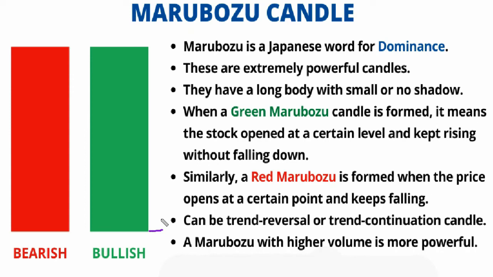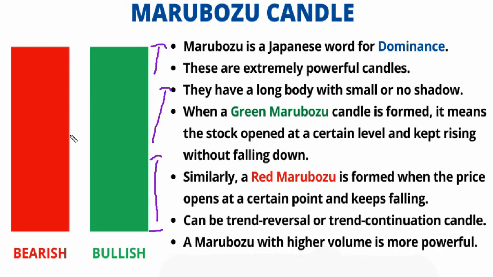They keep pushing the price up and up till the high, and still sellers haven't got any chance to push the price down. So the close of the Marubozu candle is equal to high, and it shows the complete dominance of the buyers.